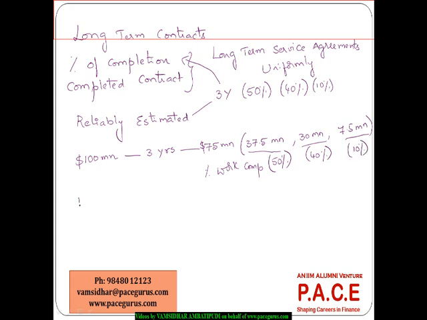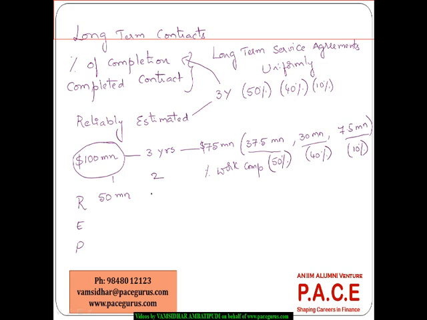So the way we recognize the revenues, expenses, and profits are primarily like this. Because I'm expecting that I'll get 100 million for this particular project, the revenue I'll recognize is 50%, 50 million, in the first year.